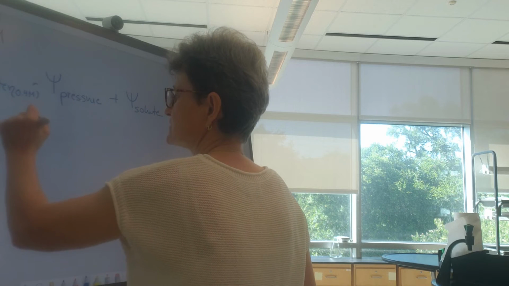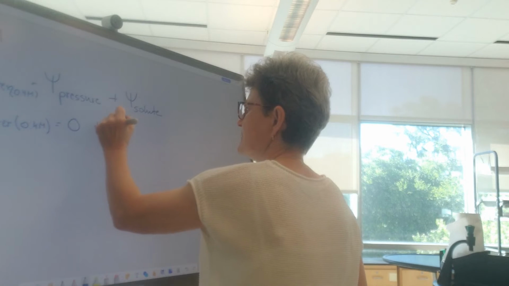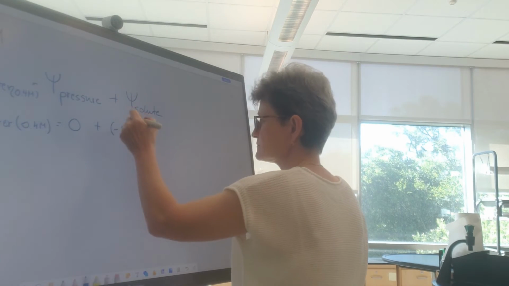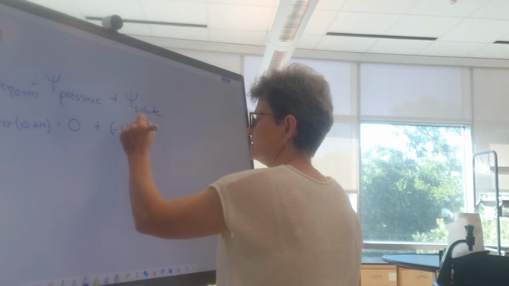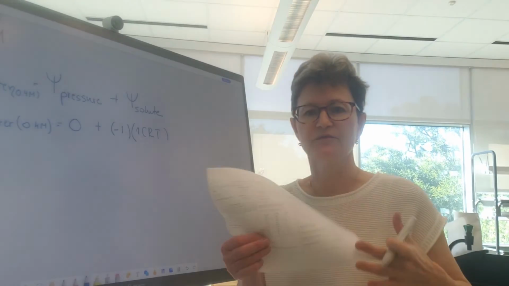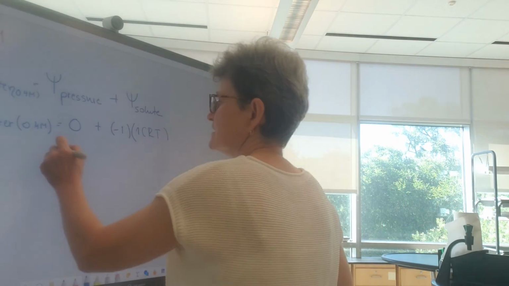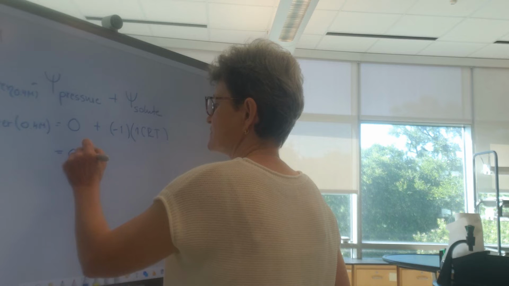Water potential of the 0.4 molar solution is 0 plus minus 1 times iCRT. I'm getting this from the AP Biology equation sheet. Let's plug the numbers in.